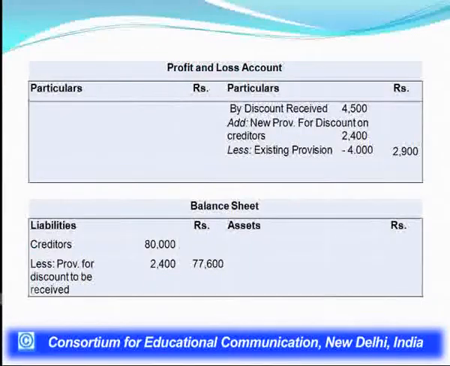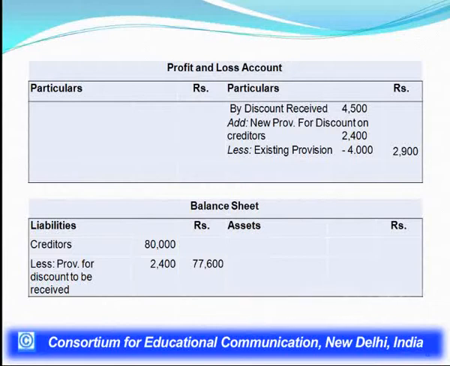We will show it in the profit and loss account like this. On the credit side, by discount received 4,500, add new provision for discount on creditors 2,400, and less existing provision 4,000. So the net balance 2,900 will be shown on the credit side of the profit and loss account.